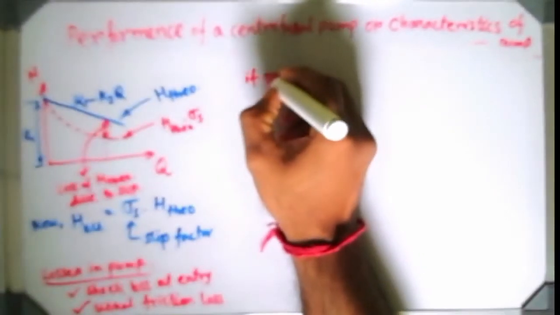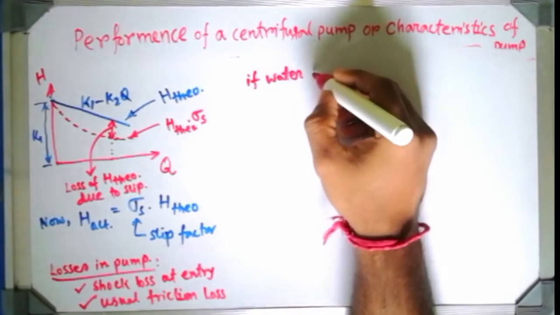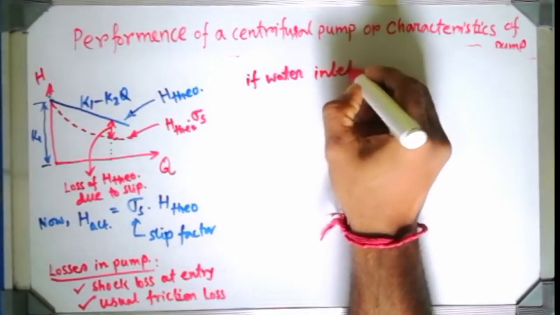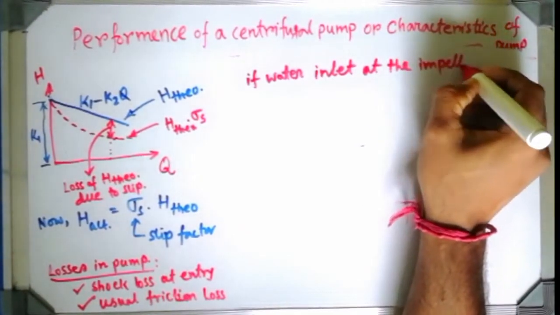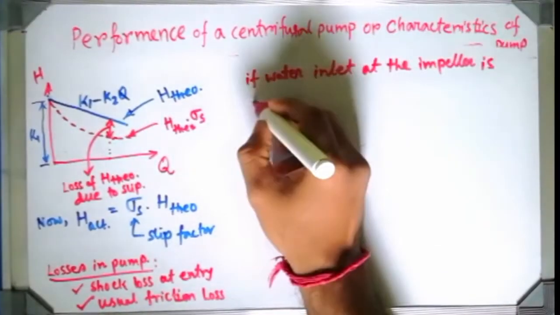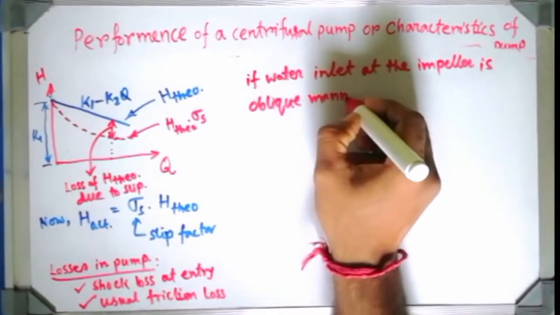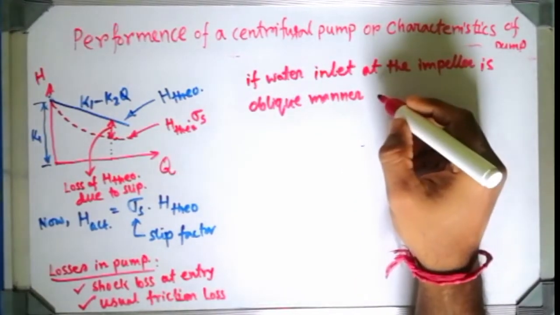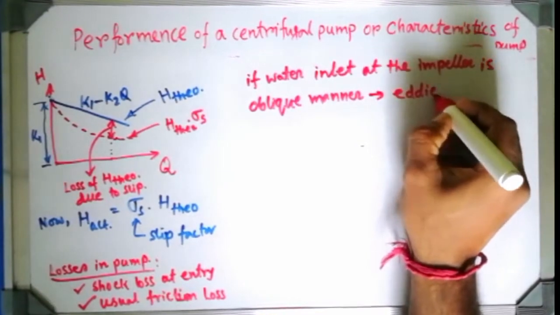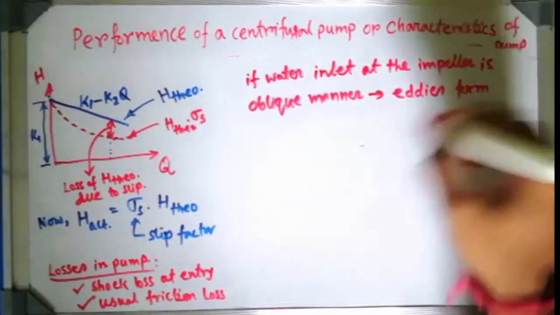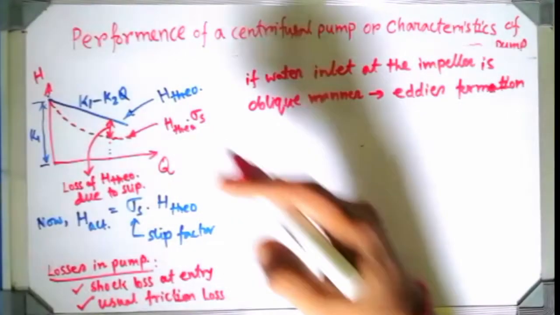So if water, or any liquid you are using here, at the impeller inlet is in an oblique manner, then obviously eddy formation will be there, because a kind of vortex will form if the water enters in an oblique manner.